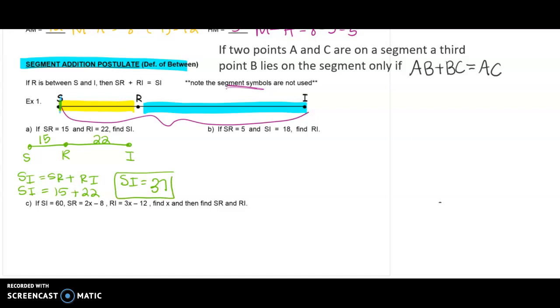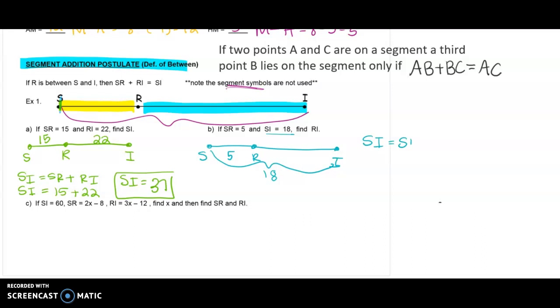If we know the entire length, then we can use subtraction to help us. So in this next example, we have this picture. So we have S, we have R, and we have I. SR is 5. They told us that the length of SI is 18, so the entire length is 18. So use your same little equation.